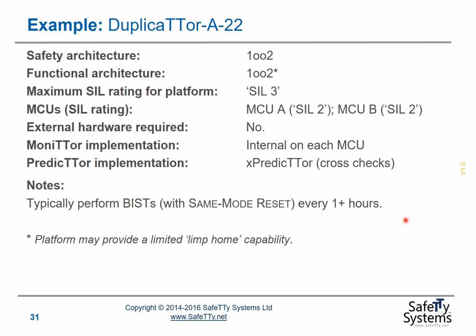We don't need to do very frequent built-in self-tests typically with this kind of design, because we have extensive cross-checking going on anyway. So typically our full set of built-in self-tests would be carried out every hour plus in this kind of design. But again, this is only a guideline. You need to consider the diagnostic test interval for any particular design carefully.